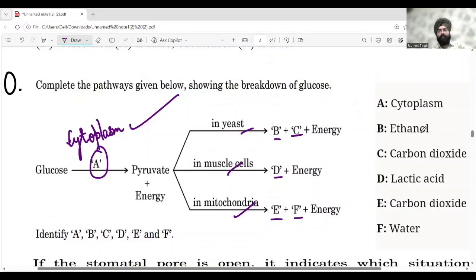B and C. B is ethanol and C is carbon dioxide. D in case of muscle cells, yes. When you usually observe cramps in your legs, usually lactic acid is produced in that case. In case of mitochondria, E and F. E is carbon dioxide and F is water. Okay. Done.